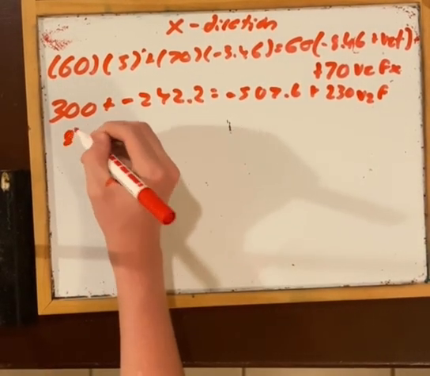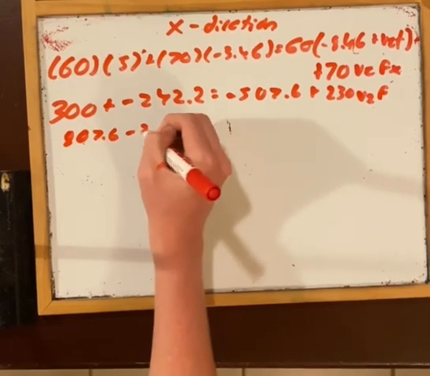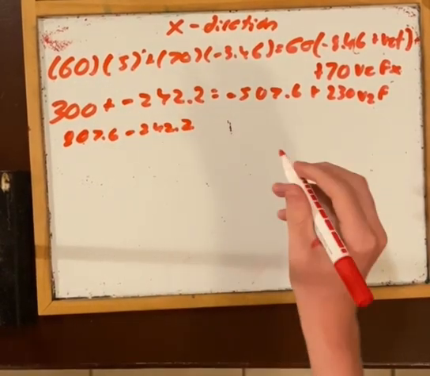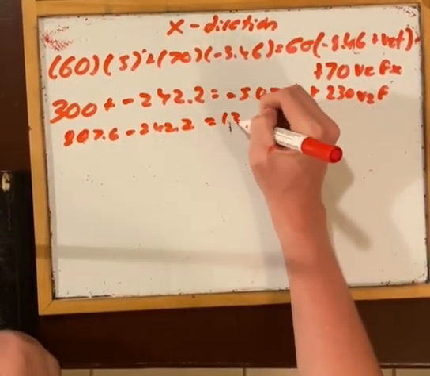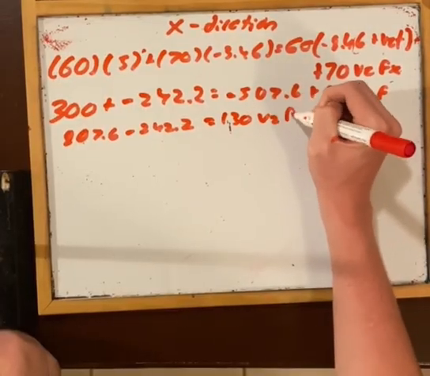Then we get 507.6 plus 300 minus 242.2 equals 130 v2f of x.